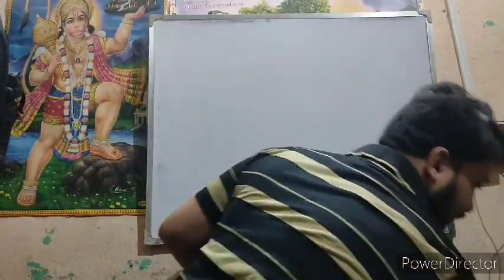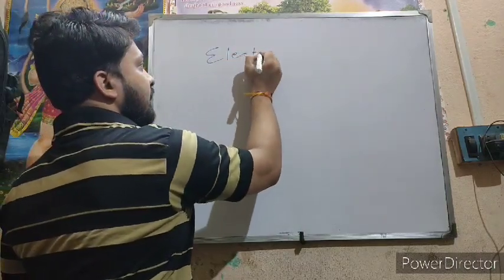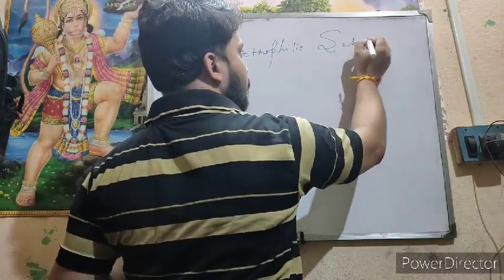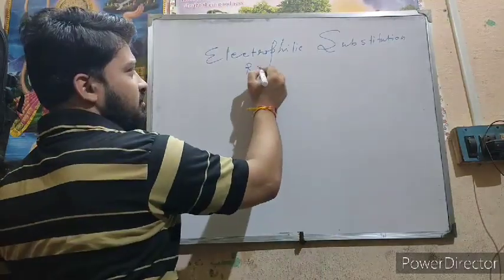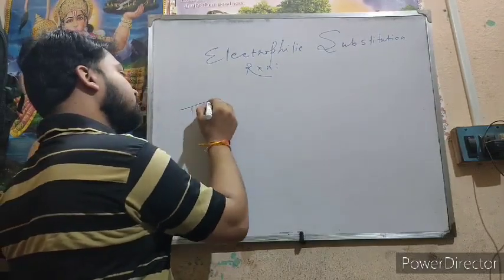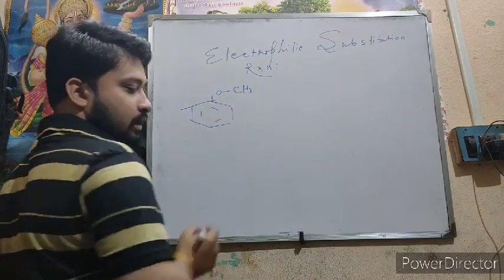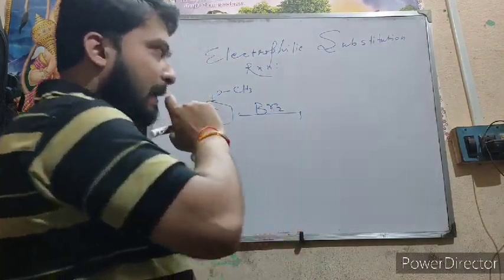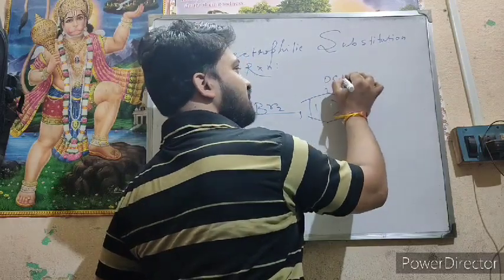So the next reaction is electrophilic substitution reaction. This is very, very simple. As you take anisole, OCH3, and the process is bromination, this is very, very easy.